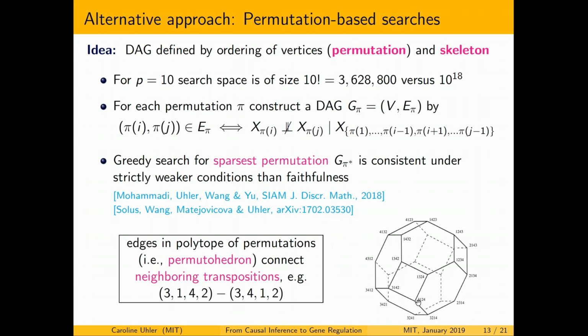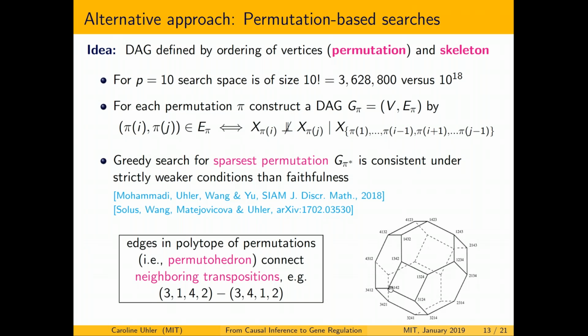So my neighbors are guys where I can either transpose the first two elements, so 3, 1, 2, 4 goes to 1, 3, 2, 4, or I can transpose the next two elements, so 3, 1, 2, 4 goes to 3, 2, 1, 4, or I can transpose the next two elements, so 3, 1, 2, 4 goes to 3, 1, 4, 2. Okay, so this is a general phenomenon. When you have the permutahedron on longer permutations, your neighbors are always given by neighboring transpositions.